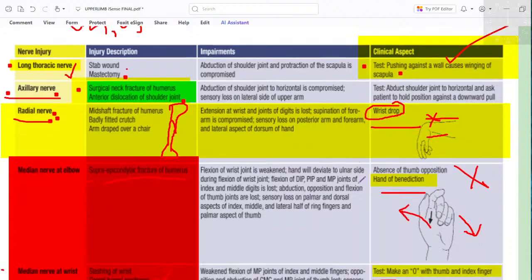Okay, now nerve injury. Long thoracic nerve. Remember, the long thoracic nerve of Bell.